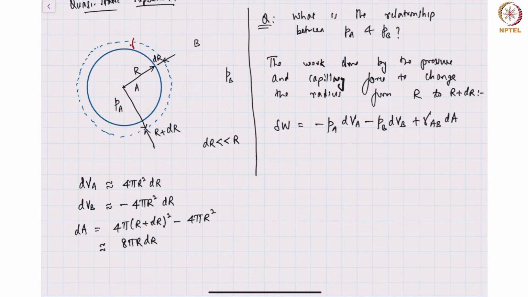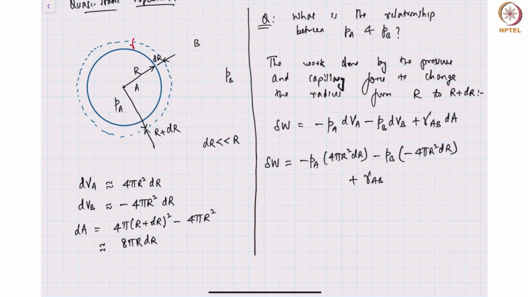Having calculated all this, we can now substitute into the work. So I have minus PA times 4 pi r square dr. Then I have minus PB with a negative sign now, 4 pi r square dr. And finally I have gamma AB times 8 pi r dr. So that's the expression for the work done.